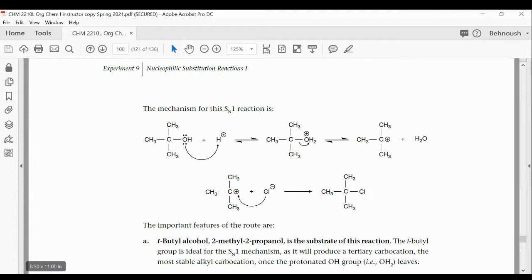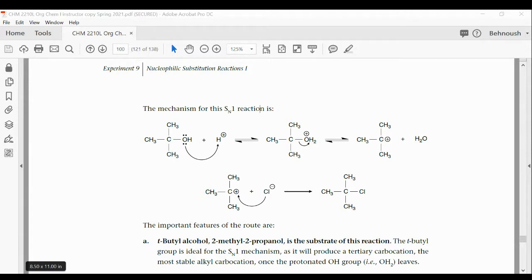So for the 1, meaning unimolecular, that means the rate determining step is the, yes, I have to add the rate determining step and all that in the lab manual.